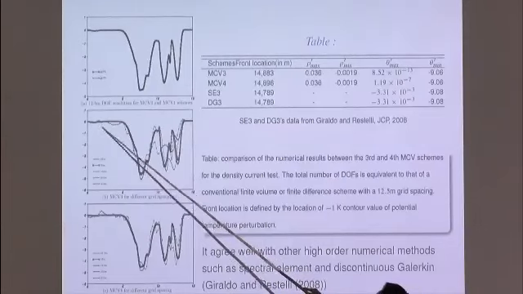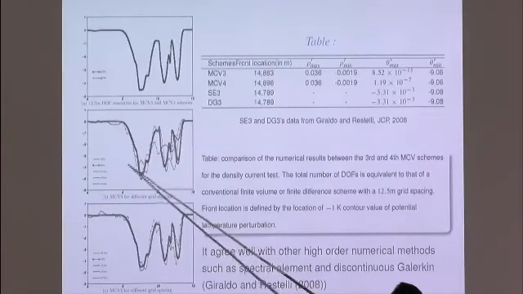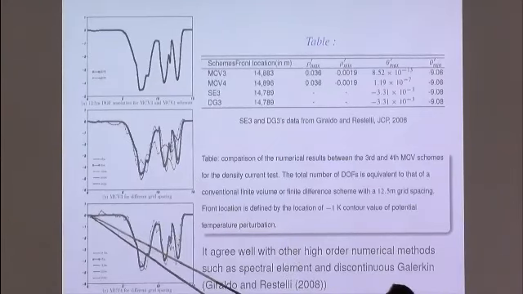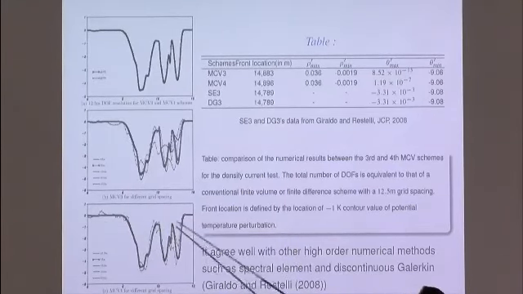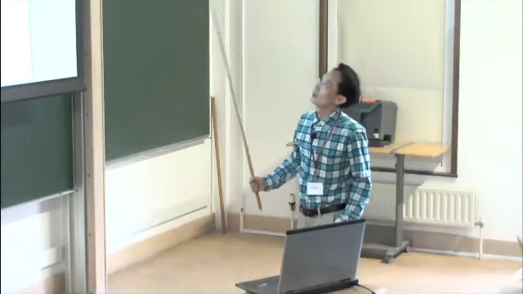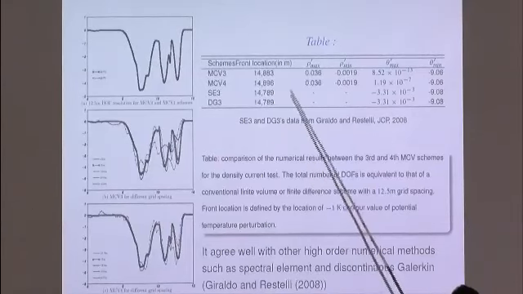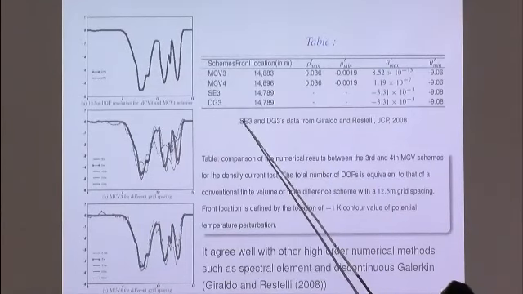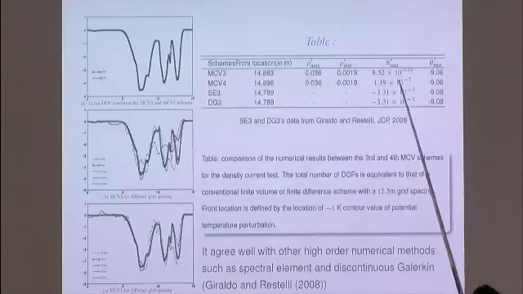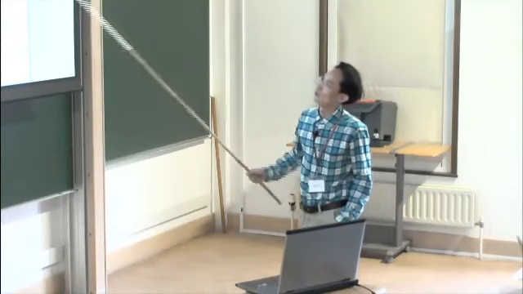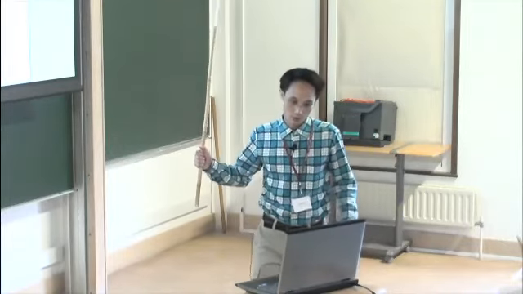You can see for third order, on these resolutions there is some oscillation, but for fourth order it quickly converges to the solutions. Here I give some tables of front locations compared with spectral element and DG methods. We almost get the same simulation result. It agrees well with other high order numerical methods such as spectral element and the discontinuous Galerkin method.